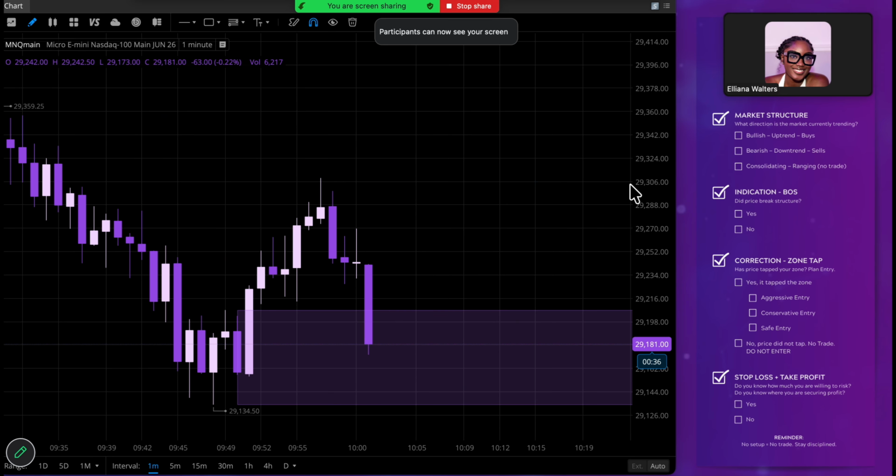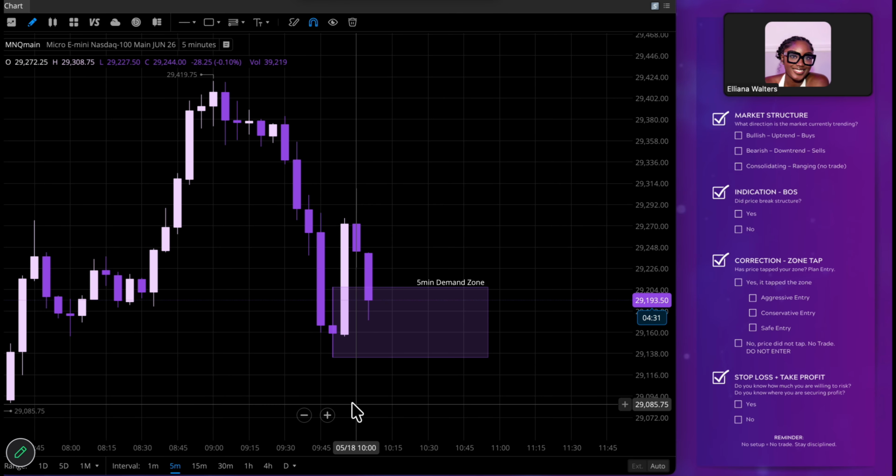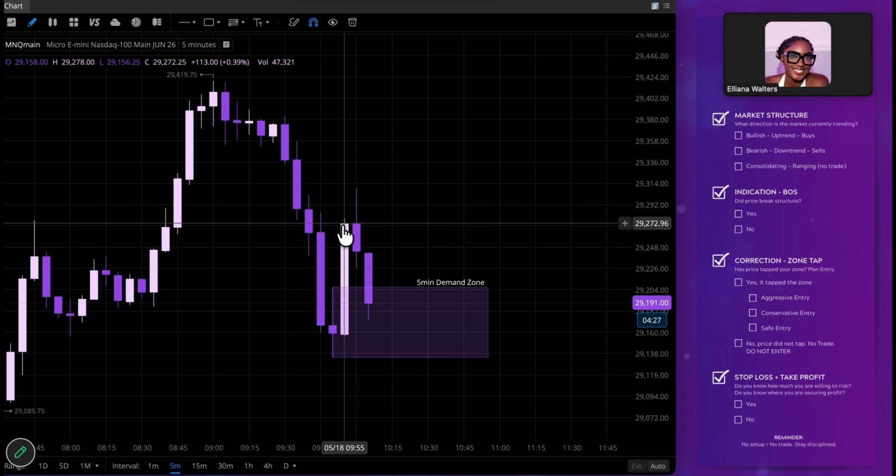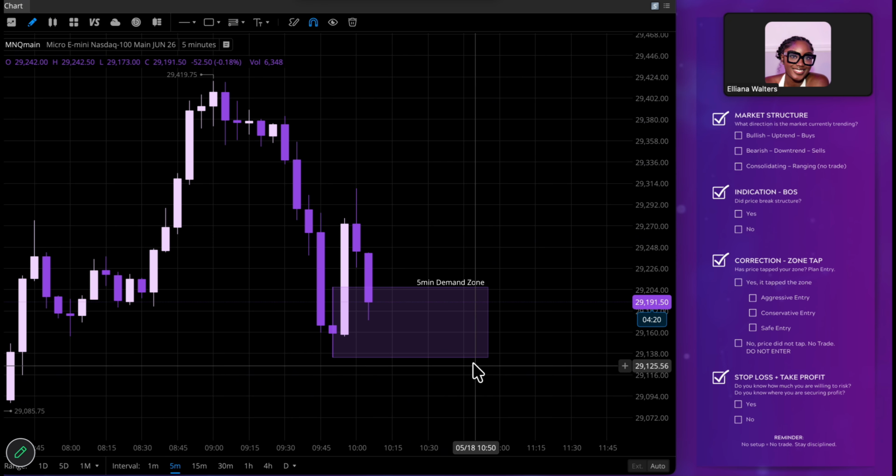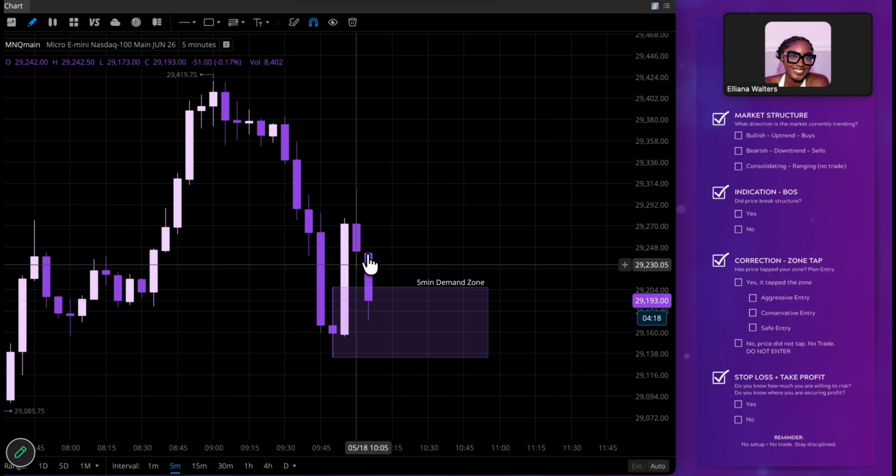All right. Well, it just tapped into this 5-minute demand zone. I deleted the 1-hour zone because we got the close out of it, which was here. And it came out of this zone here. So it just tapped back into it.